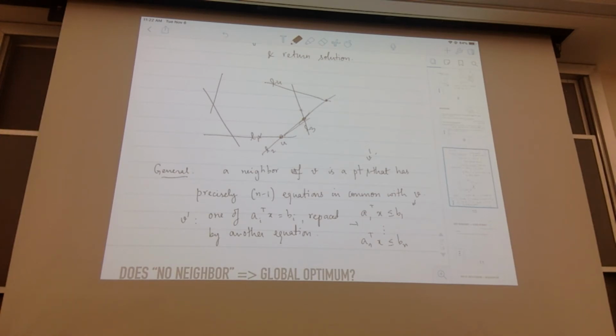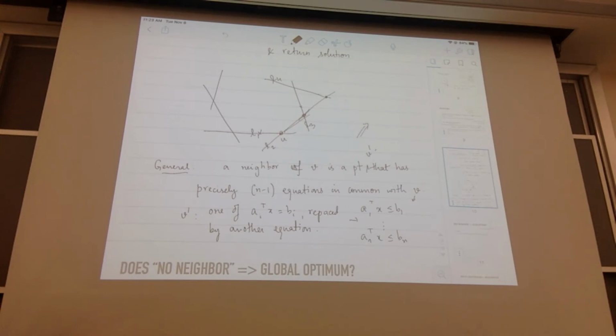Like you were saying, remove one of these equations, put a new equation in, and now you get a different point. Check if that point satisfies all the constraints. If it does, then this is one of the neighboring vertices. So this observation implies a way to find neighbors.